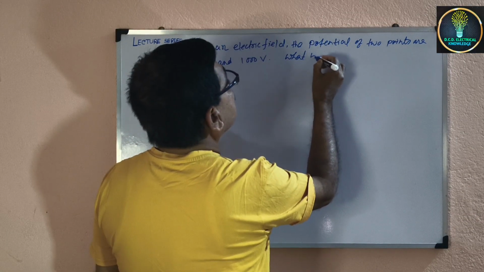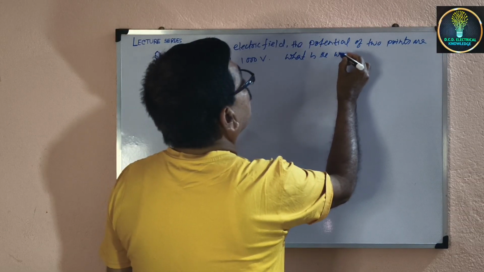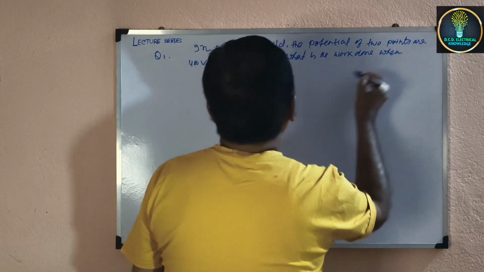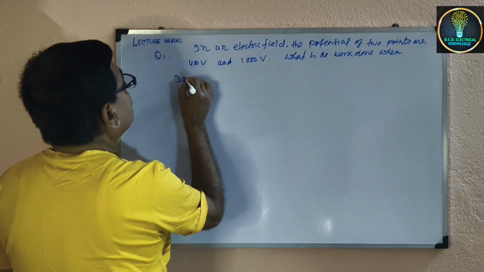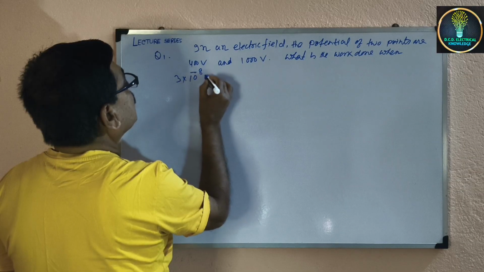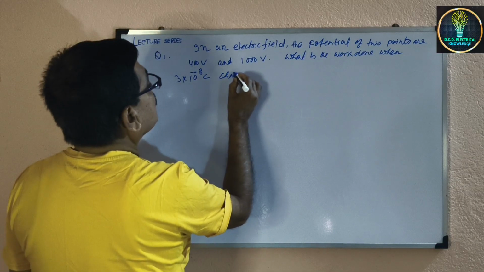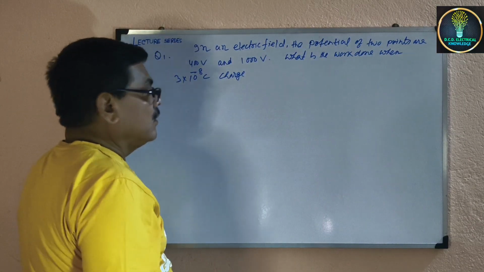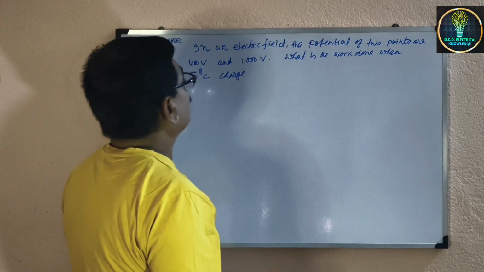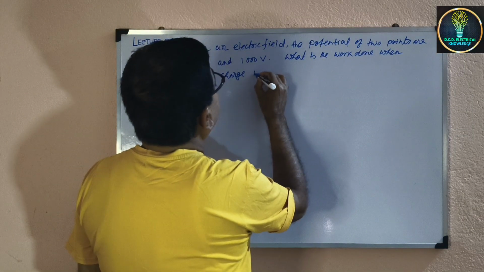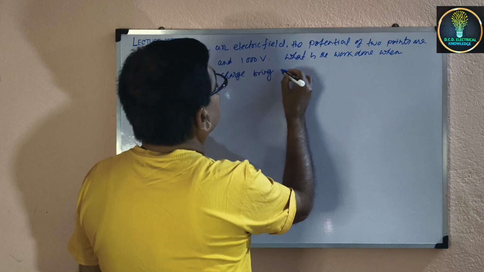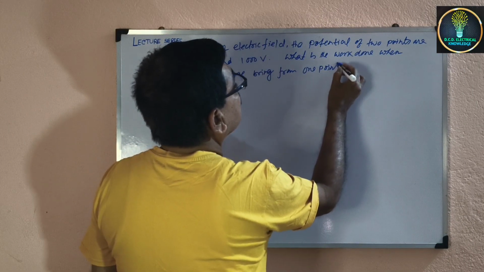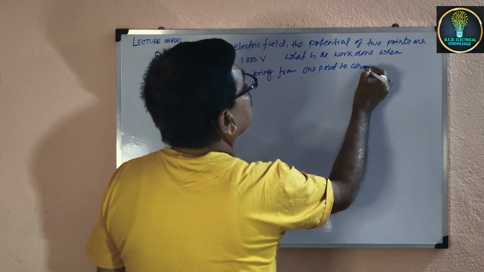What is the work done when 3 into 10 to the power minus 8 coulomb charge is brought from one point to another?